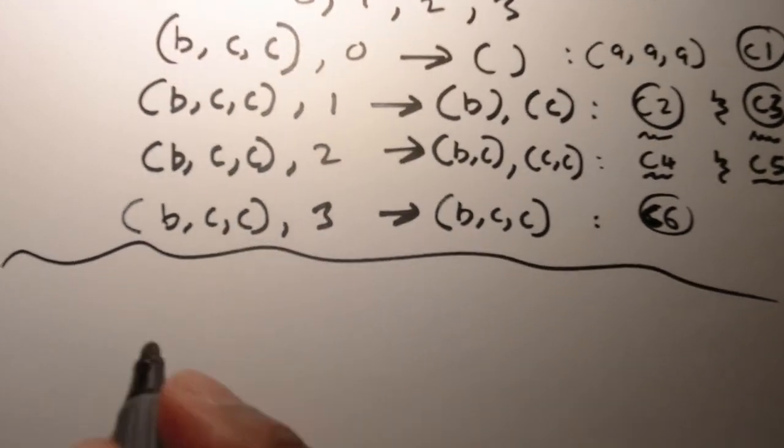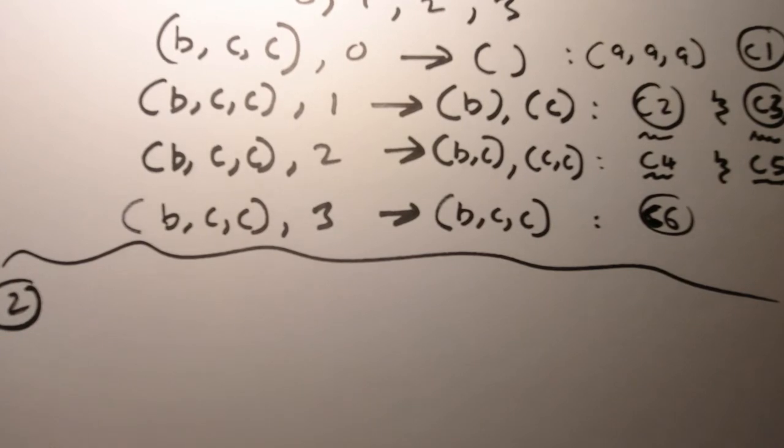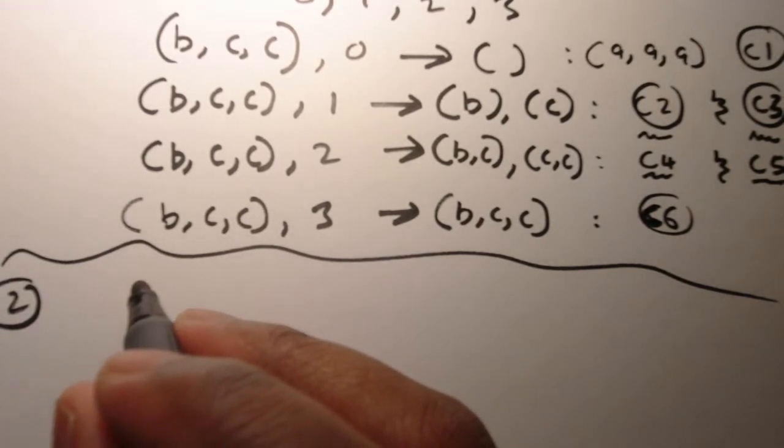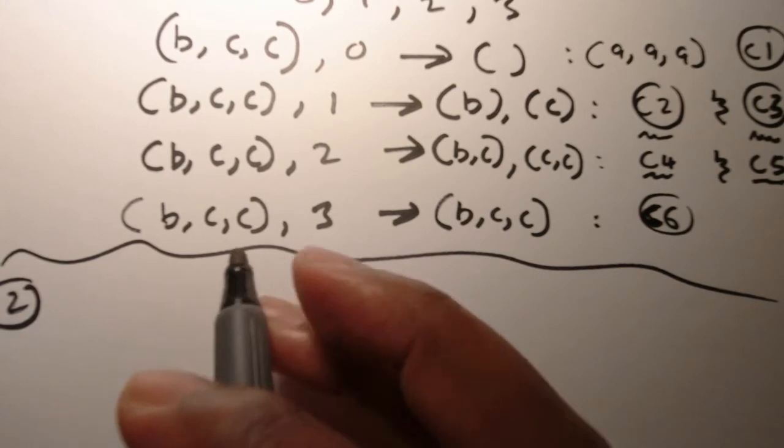Let's take a look at step 2. So step 2 of method 3 is to calculate the number of ways.